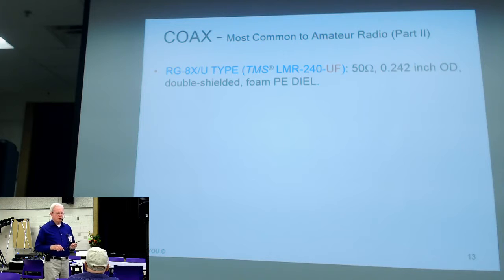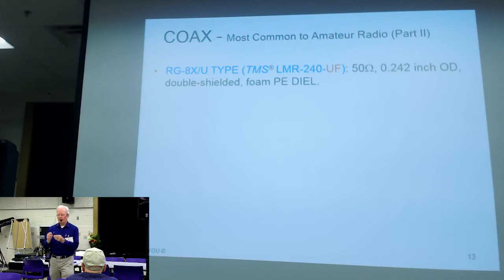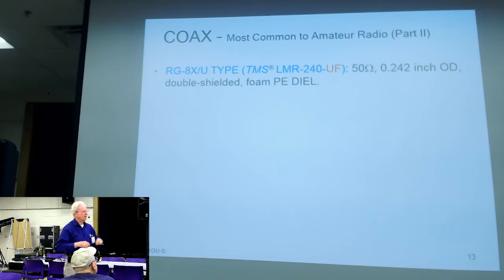Please make sure that you ask for UF, Ultra Flex. If you just get LMR 240, period, it'll have a solid center conductor, and you're going to be real upset with yourself because it's really hard to work with. Make sure, LMR 240 UF.